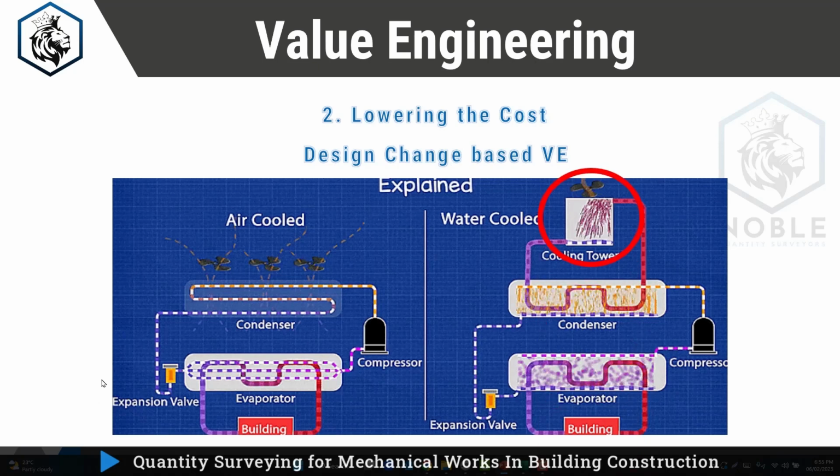I'll remove the complete cooling tower systems. Okay. So how much these cooling towers were costing in my cost, that can be deleted, and I'll save this cost, and I'll propose an air cooled chiller, right?